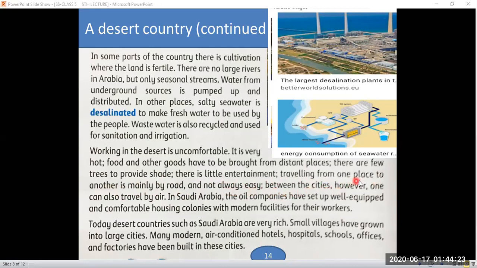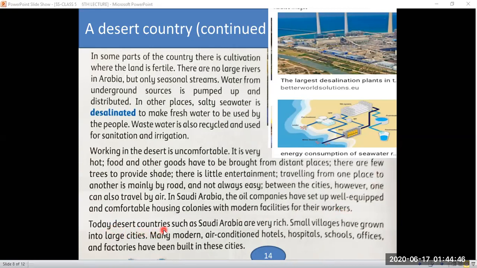Between the cities, however, one can also travel by air. In Saudi Arabia, the oil companies have set up well equipped and comfortable housing colonies with modern facilities for their workers.